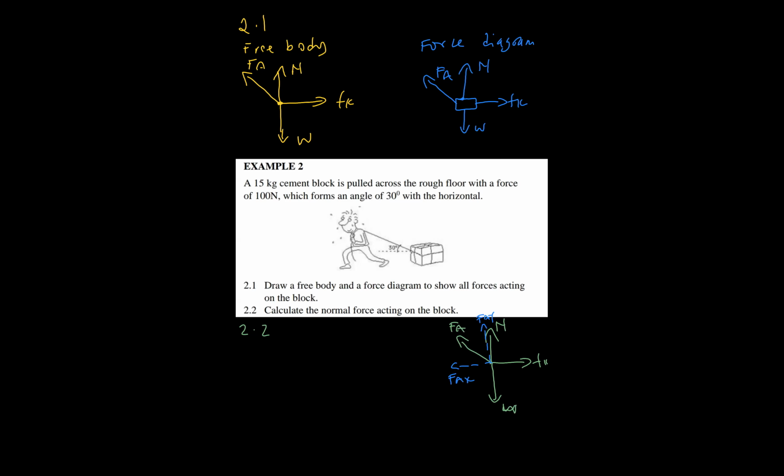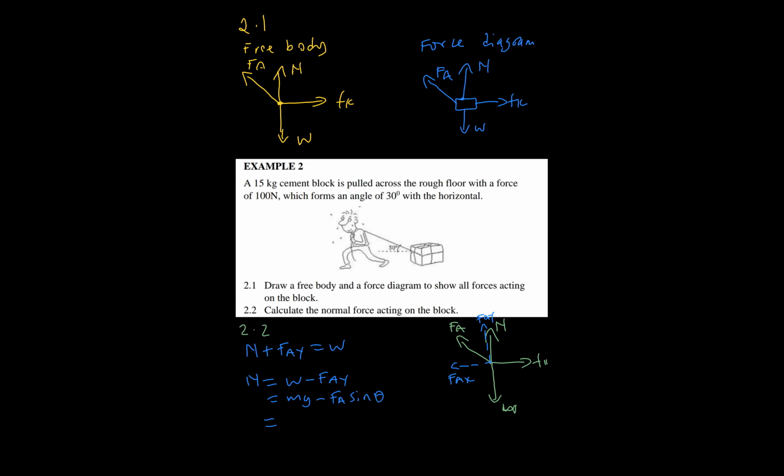Meaning that you can see that normal force plus FAY is equal to weight. Hence, normal force is equal to weight minus FAY, which is mg minus FA sine of theta.